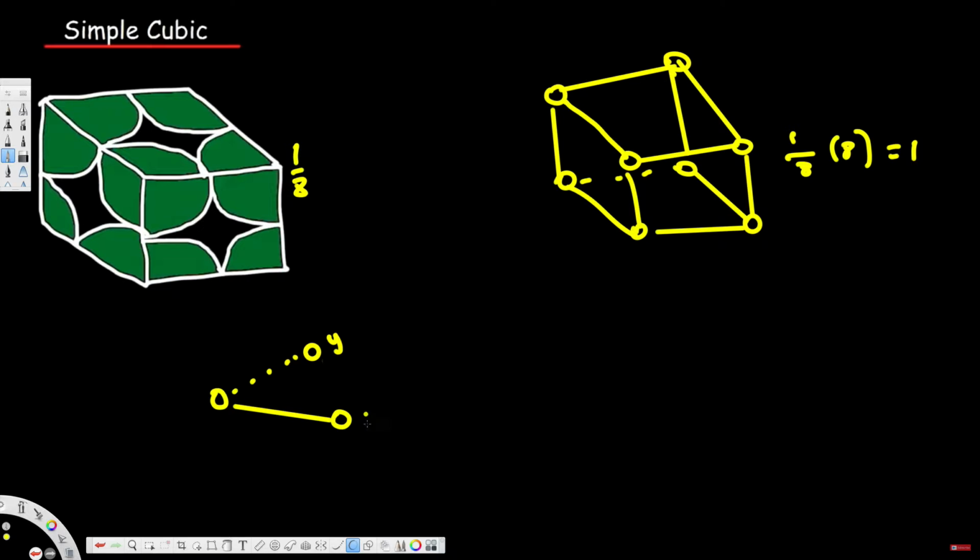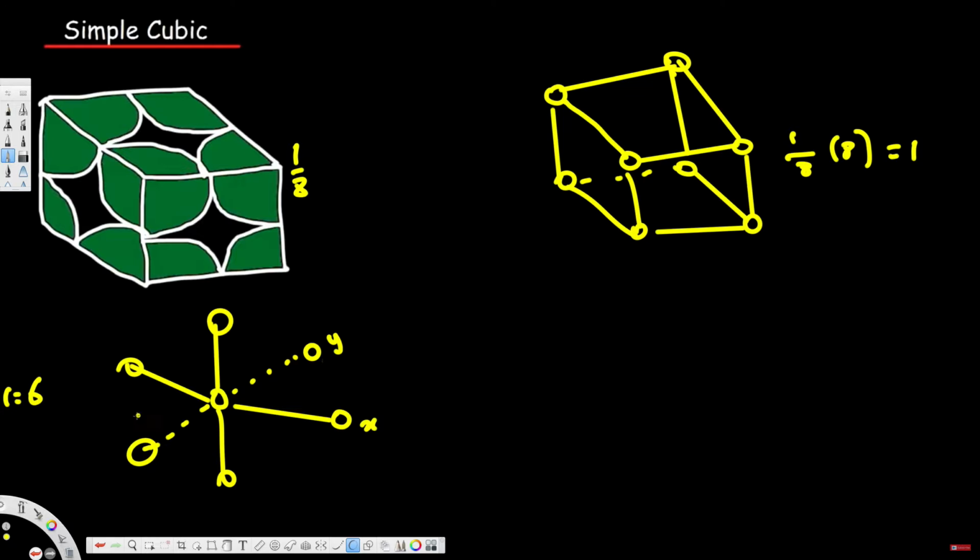Let's say this is y, this is x. We have one in the x-axis and we have one in the z-axis. So around it we have 6 atoms like this. Okay, that's why the coordination number for a simple cubic structure is equal to 6. So C is equal to 6.